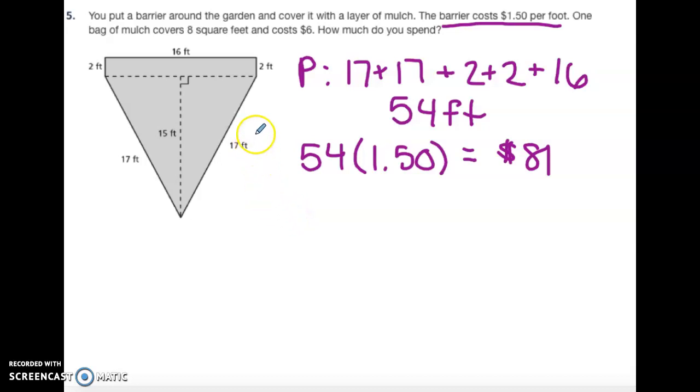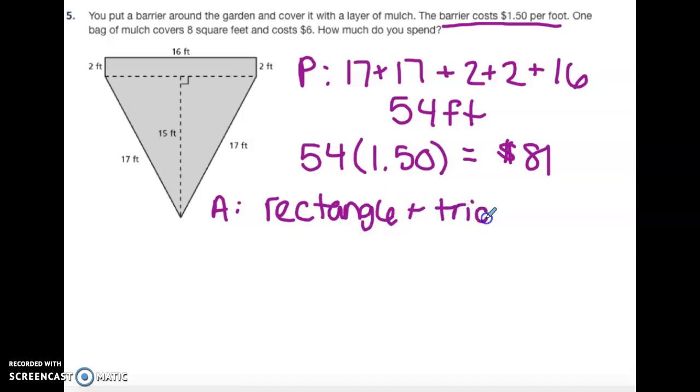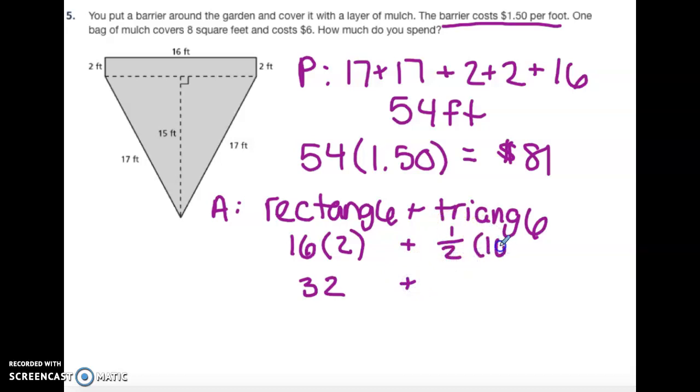Now let's look at layering the mulch. So the mulch is going to be layered inside, which means we need to find area. So we have, again, a rectangle and a triangle. So rectangle, the length is 16, the width is 2, which is 32. The triangle, 1/2 times the base is 16 and the height is 15. So the triangle is 120.